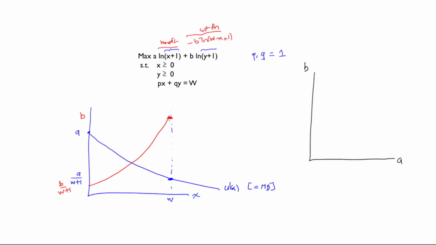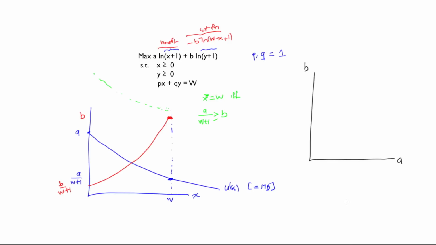So think of this curve as being, in that particular case that I'm going to draw in green, somehow up here. They never cross. Notice that that requires, given the intercepts, that a solution with x star equals w arises if and only if this point is above that point, which requires a divided by w plus 1 to be greater or equal than b.